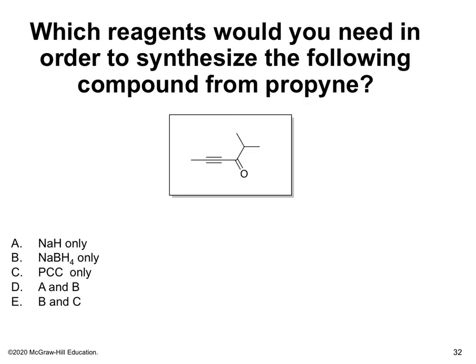Which reagents would you need in order to synthesize the following compound from propyne? So propyne is this. And so you'd have to generate the sodium hydride to generate the negative, and then I think you would want an epoxide. 1, 2, 3.